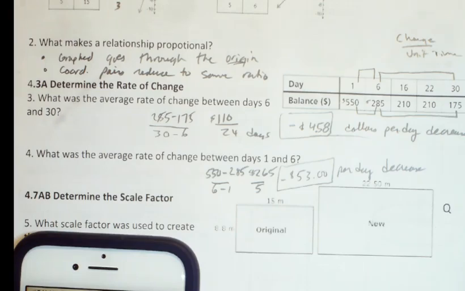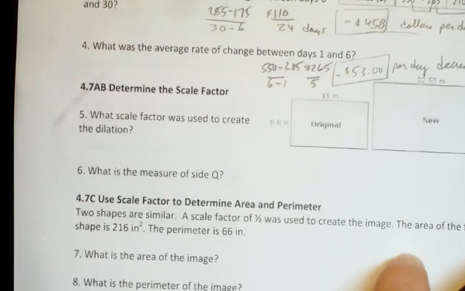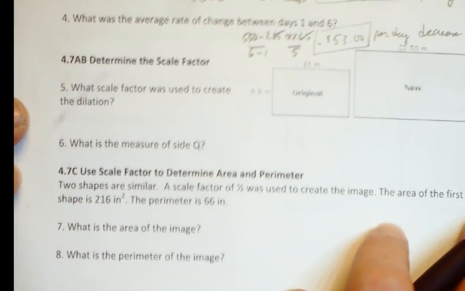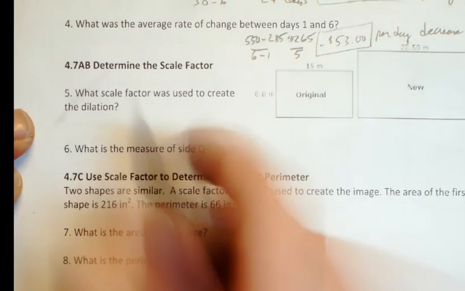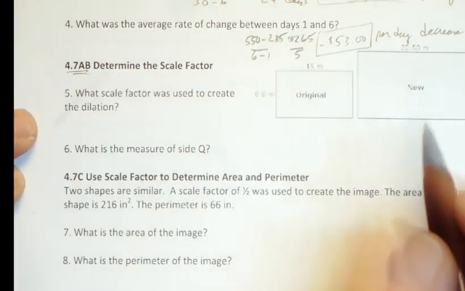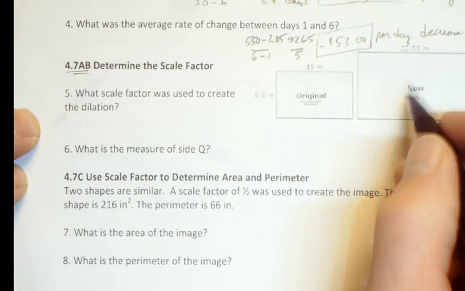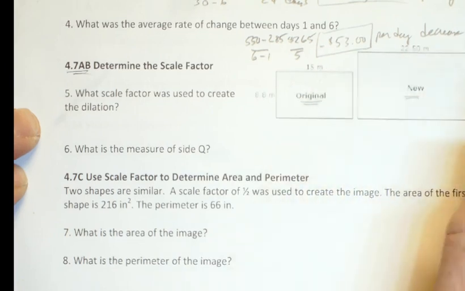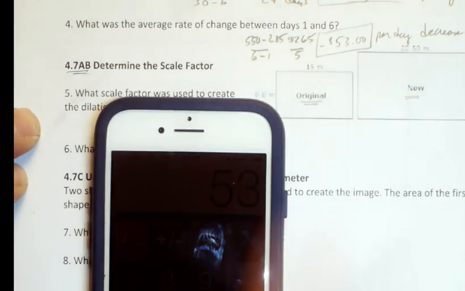All right, let's move on. We have to look and see what scale factor. What scale factor was used to create this dilation? So we're into 4.7 AB scale factor. Here's the original, and here's a dilation of it. So it went from 15 to 22.50. I'm not really sure what that is off the top of my head.